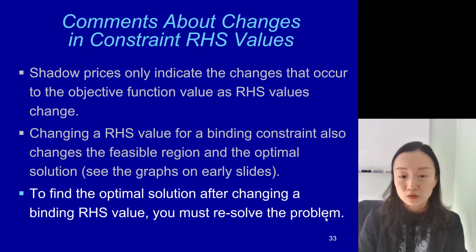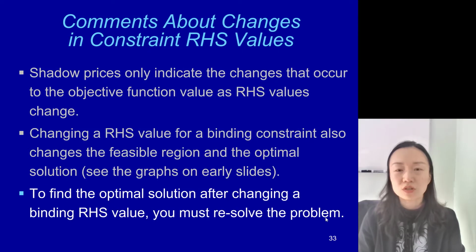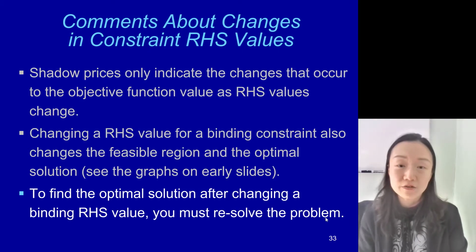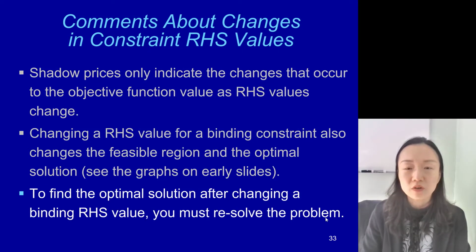However, we do know the objective function value by using the shadow price and the units of change we are going to have. So if you are asked to find the new objective function value, you don't really need to resolve the problem.